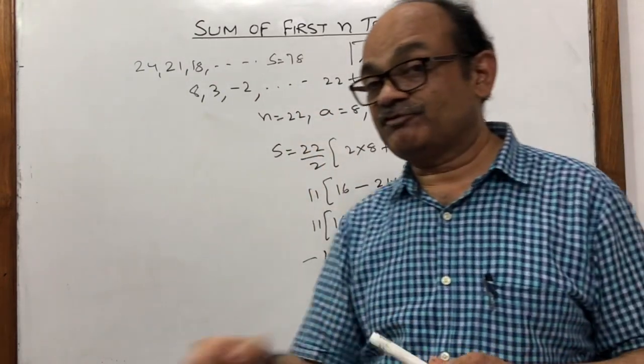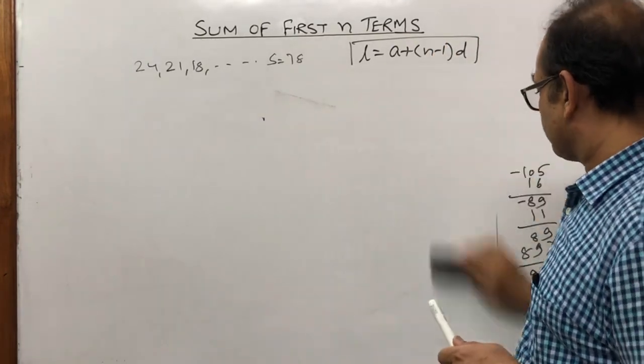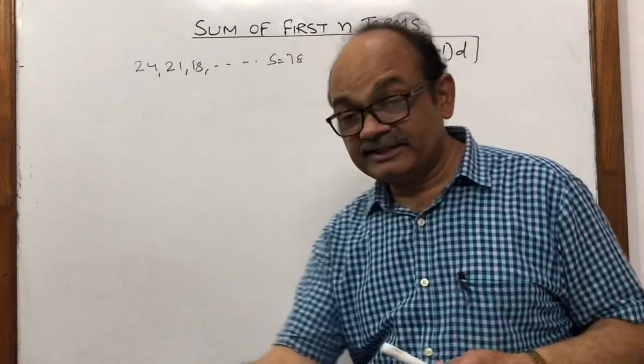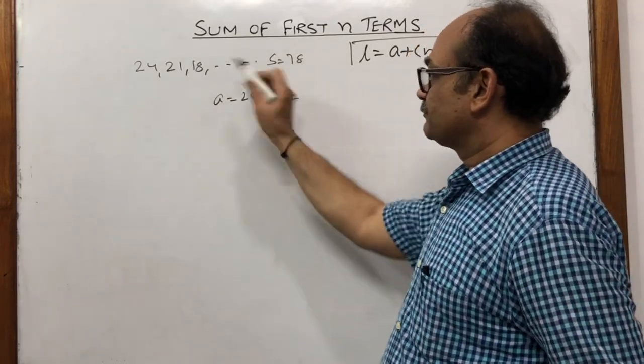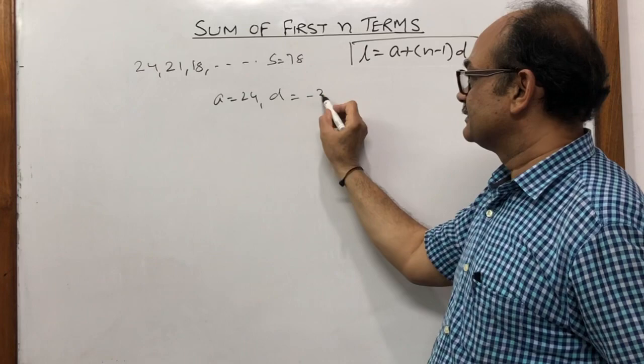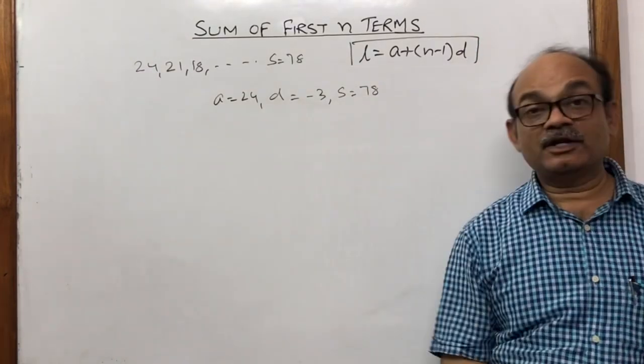This time they are asking for the number of terms. The formula is the same because you know A and D. What is A? 24. What is D? This minus this. And S is given. We have to calculate the number of terms.